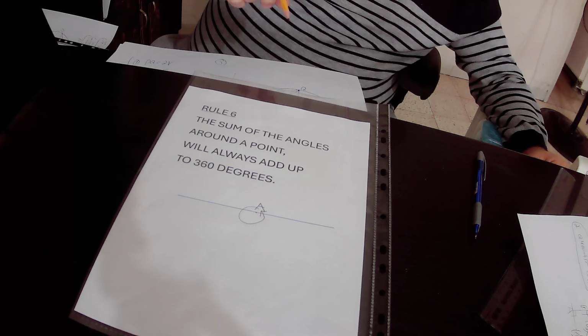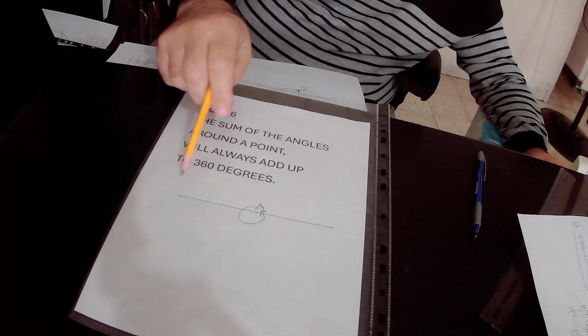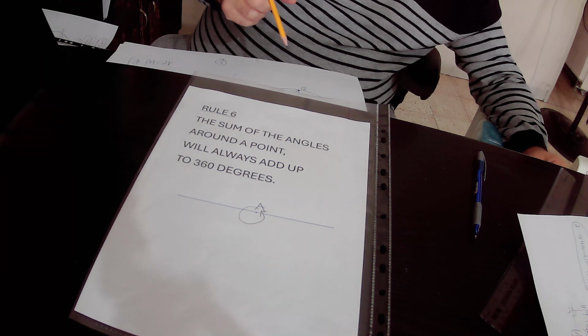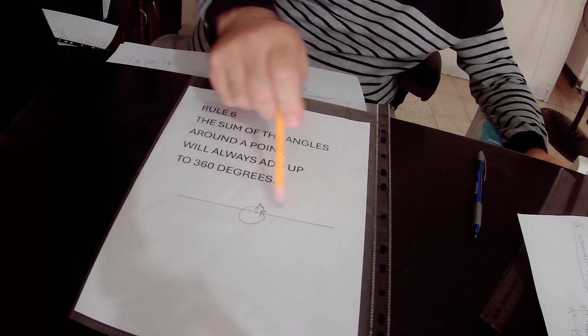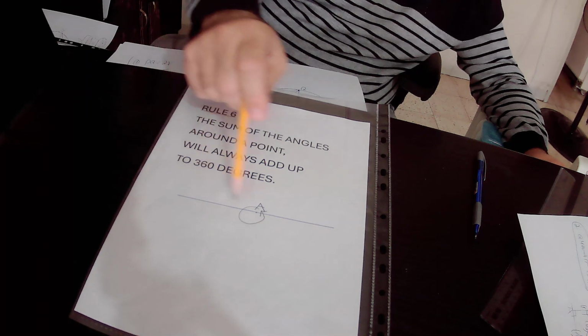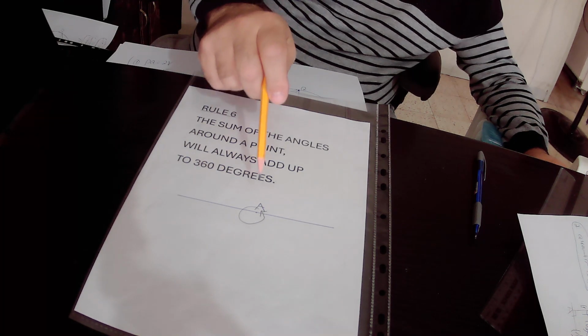That is to say, the sum of the angles on the upper side of this straight line at point A equals 180 degrees, and the sum of the angles on the lower side of this straight line at point A is also equal to 180 degrees.